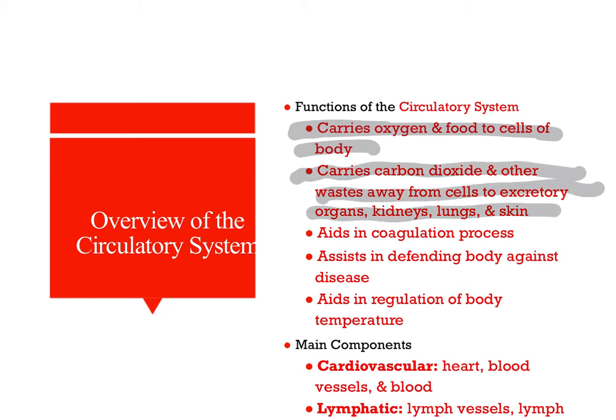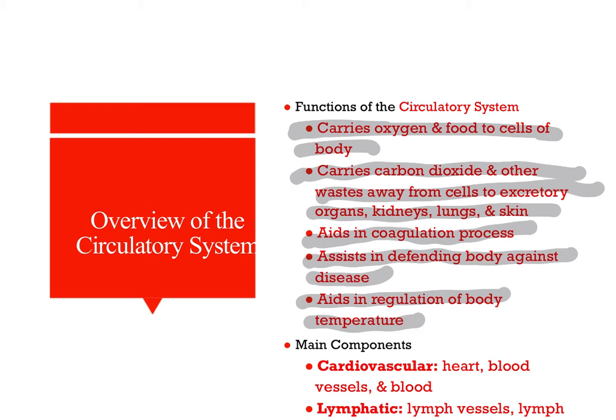Okay, those are the organs that get rid of things. Okay, it aids in coagulation. It assists in defending the body against disease, and it aids in the regulation of body temperature. Okay, all of these things are important to remember about the function of the circulatory system.